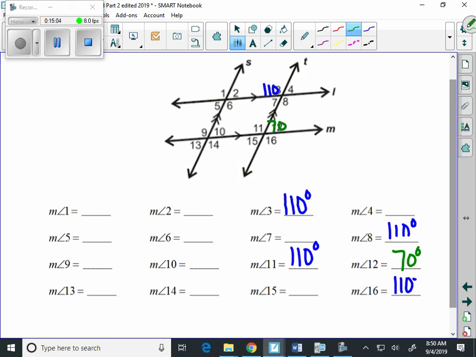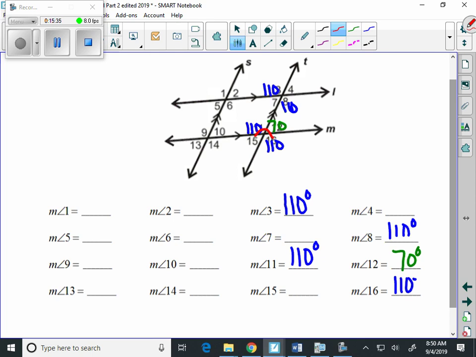Because what we just said is, we said this is 110, and this is 110, and that one is 110. So we can figure out the other ones. If you notice, 110 plus 70 is 180.